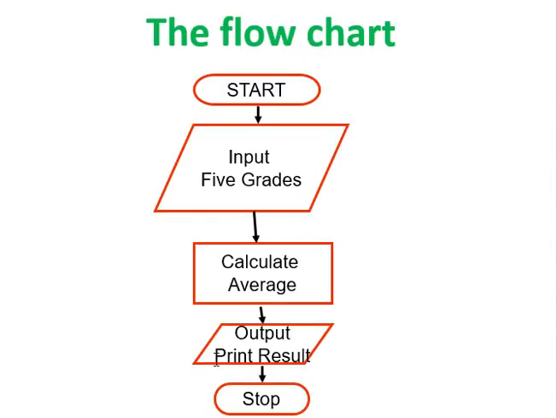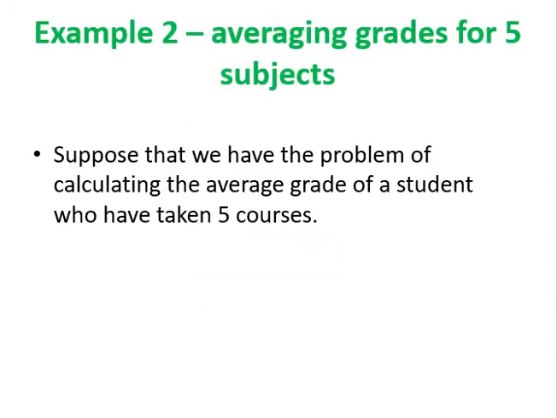After that, output, print the result, and the closing statement is the stop symbol. So these are some kinds of instructions. Maybe an instructor has asked you a similar question, to design the flowchart using these kinds of questions.